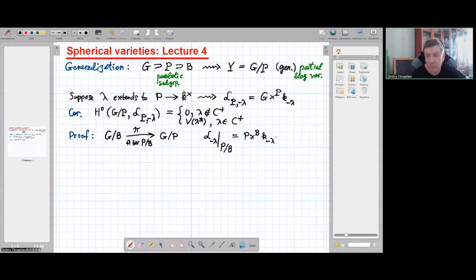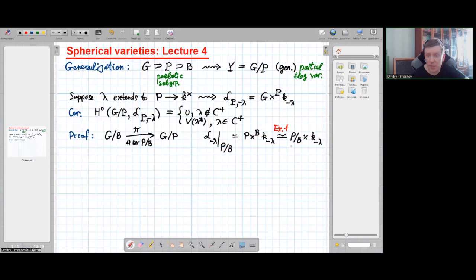So we are in the assumption of this exercise, exercise 1 from the previous lecture. Exercise 1 tells us that in this case this homogeneous line bundle is trivial. It is isomorphic just to the direct product of P over B and this one-dimensional fiber K sub minus lambda.